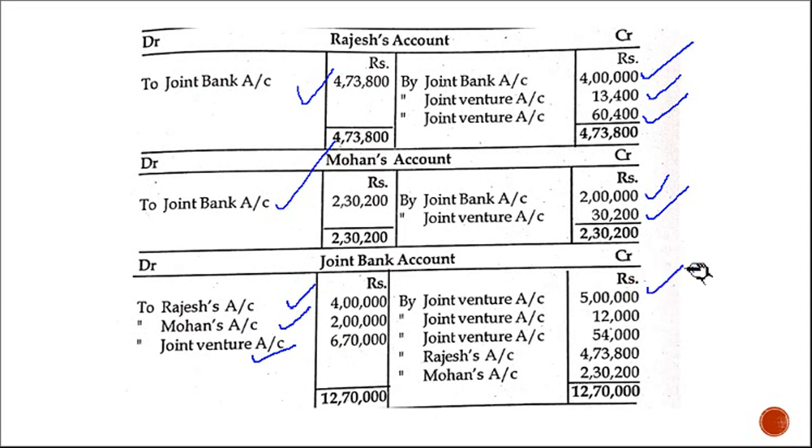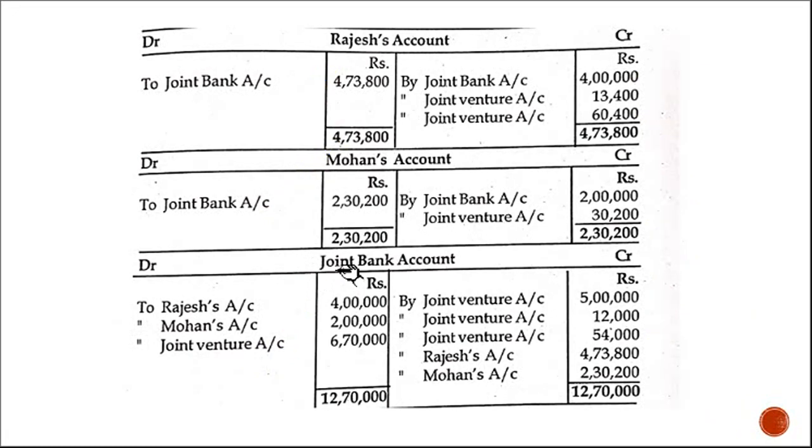For purchase of land from the bank account we paid, then other expenses 12,000, this is for the plan preparation, right? And 54,000 other expenses. Then Rajesh, how much we paid? Yeah, 4 lakh 73,800 and 2 lakh 30,200. That is also the payment we are making. So the account gets closed. So the bank account should tally.